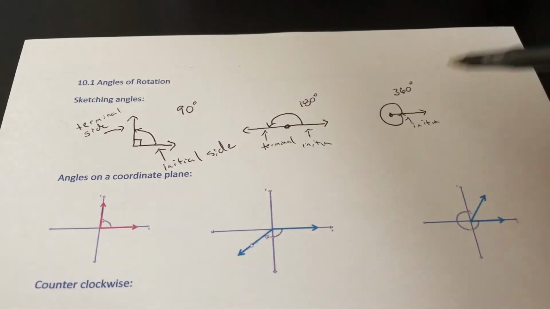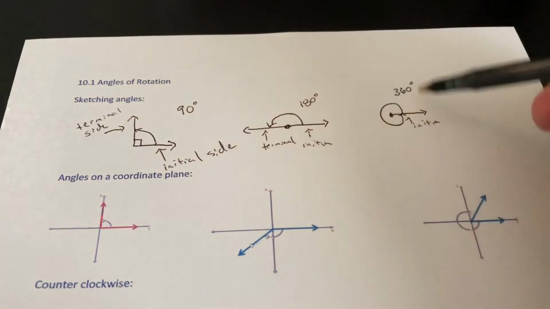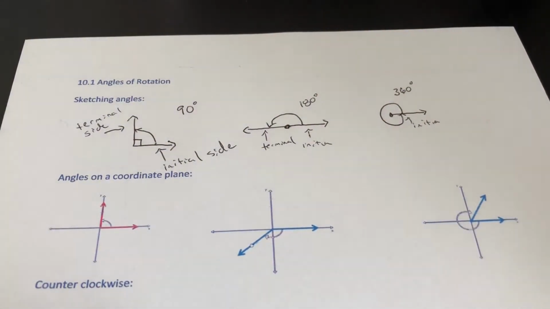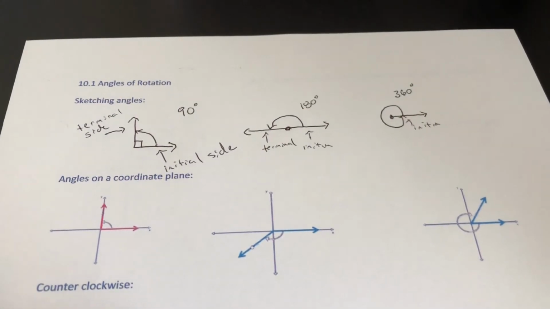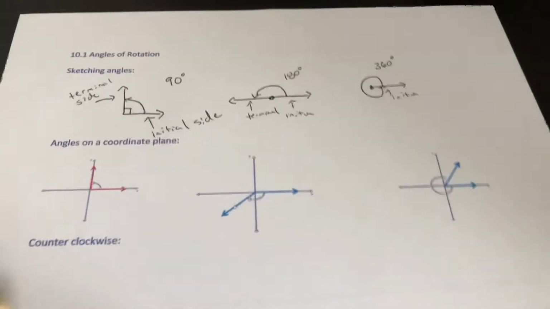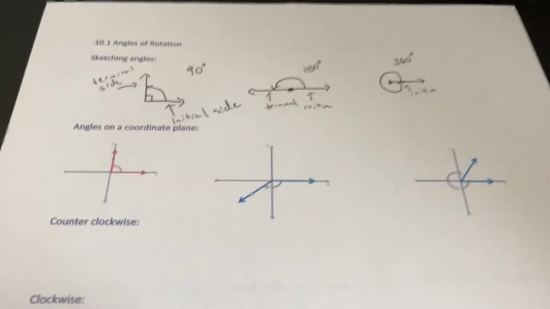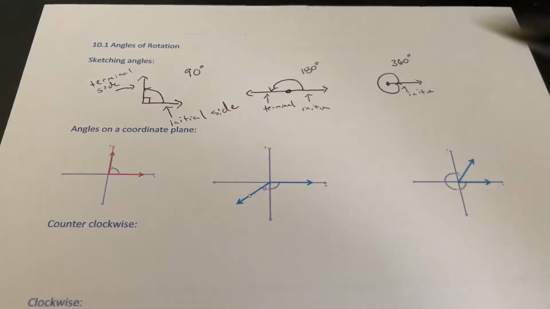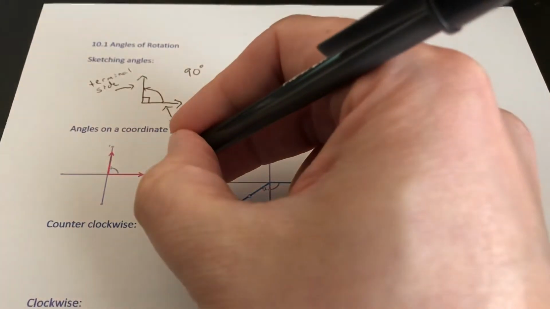So those are just some angles that we should somewhat remember from geometry that we're going to use to make other angles in Algebra 2. Moving on to how we're going to draw angles in Algebra 2: we draw them in a coordinate plane, just like how we draw our graphs. Once again, we have an x-axis and a y-axis.